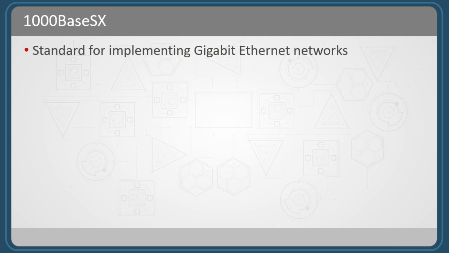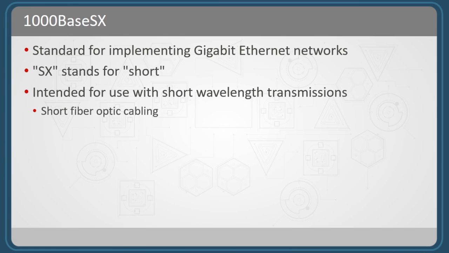So conversely, there was SX, and this is still a standard for gigabit Ethernet networks, but the SX stands for short. So this is intended for use with short wavelength transmission. Now, that did translate into shorter physical distances, but it was more so the fact that it referred to the wavelength.